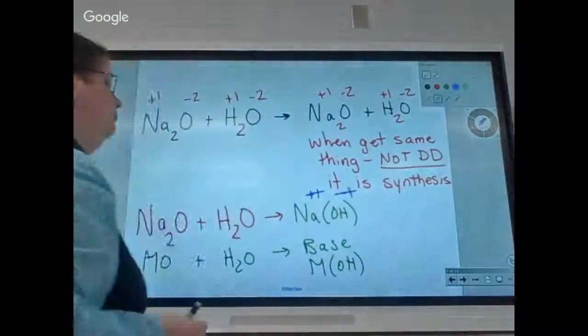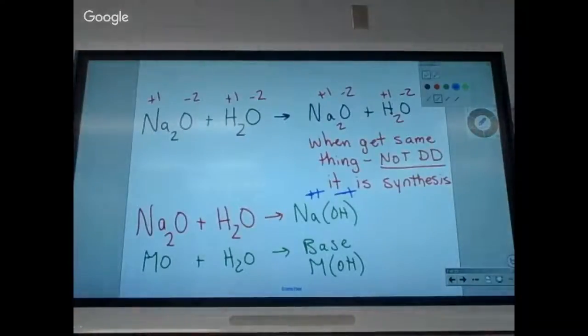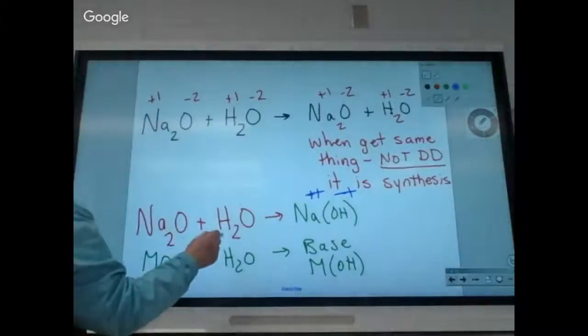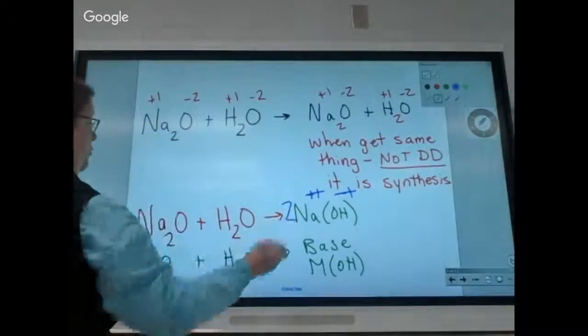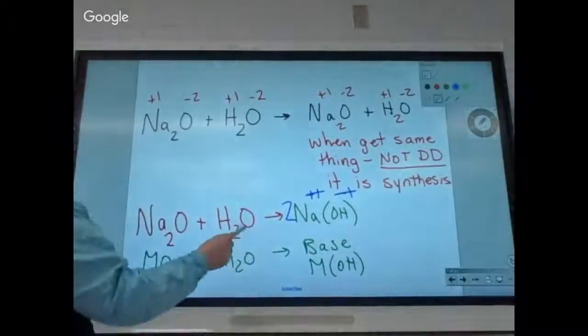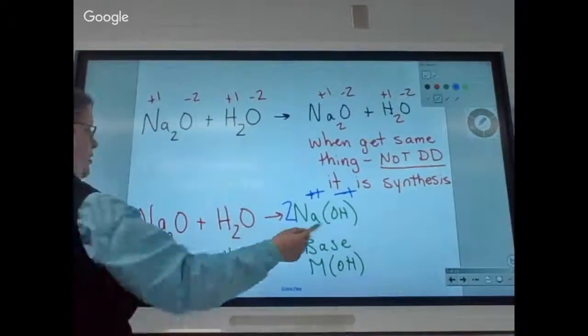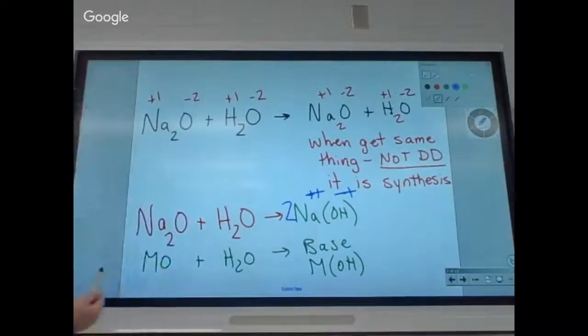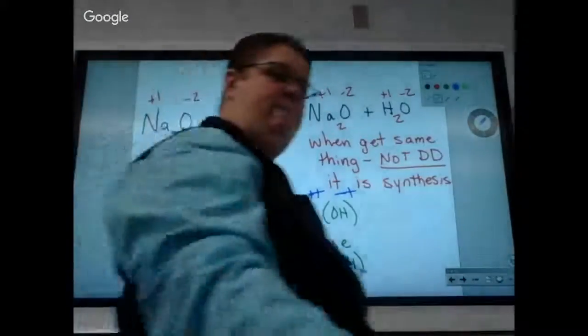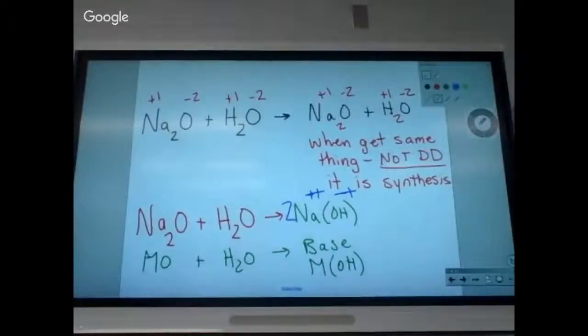They cancel out. Is it balanced? No. Na has a 2. So we need a 2. How many O's? 2. We have 2 O's, 2 H's. Questions? That's the exception. Okay?